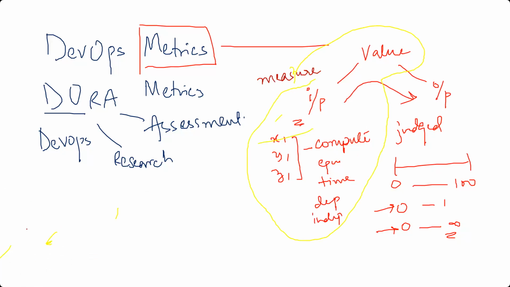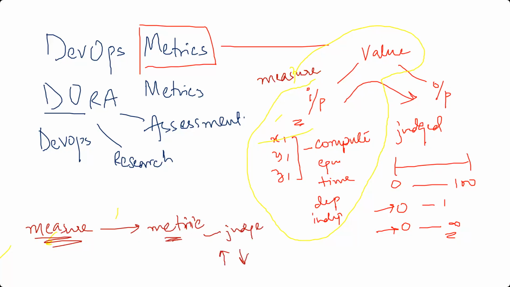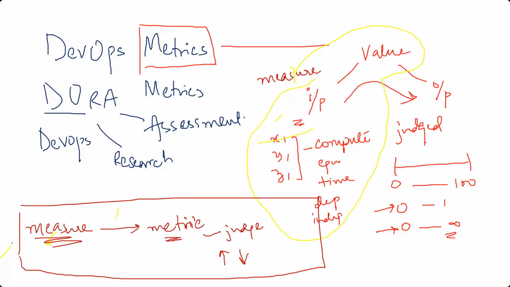Okay, so you measure to define a metric. With measurement, you will define a metric, you will judge whether you are going in a good direction or a bad direction. Okay, this is the typical intent behind why people use metrics.